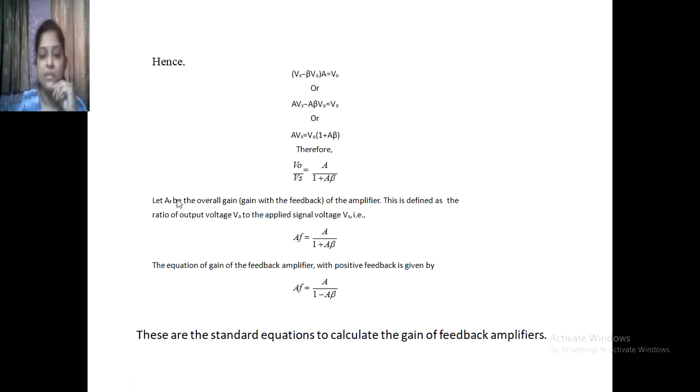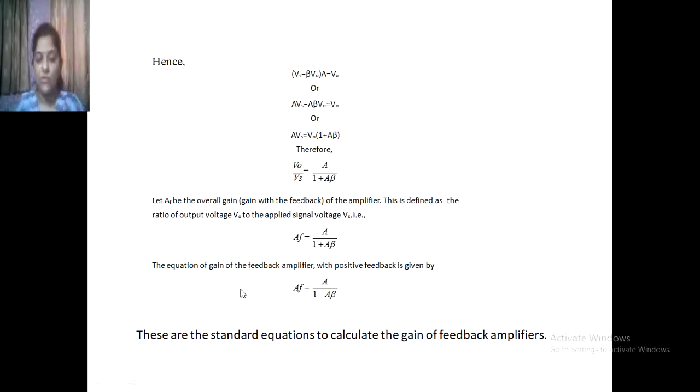Let AF be the overall gain of the amplifier with feedback. This is defined as the ratio of output voltage V0 to the signal voltage Vs, that is AF is equal to A divided by 1 plus A beta. So this indicates the overall gain of the amplifier.